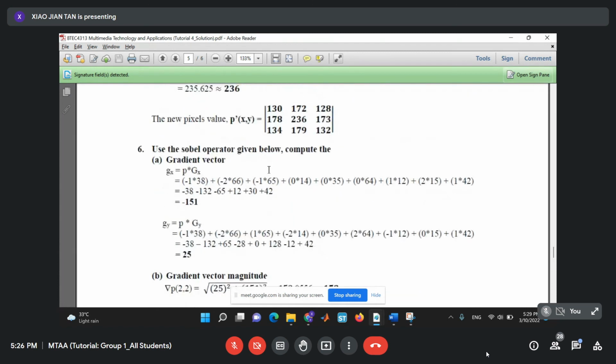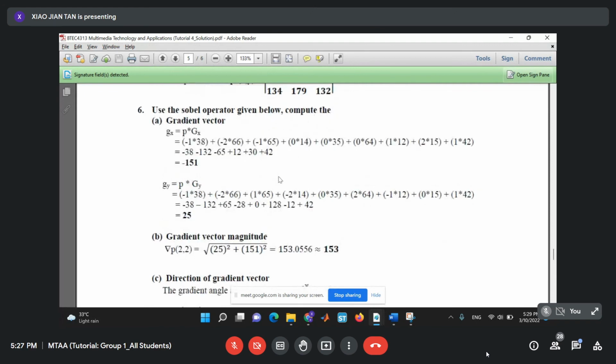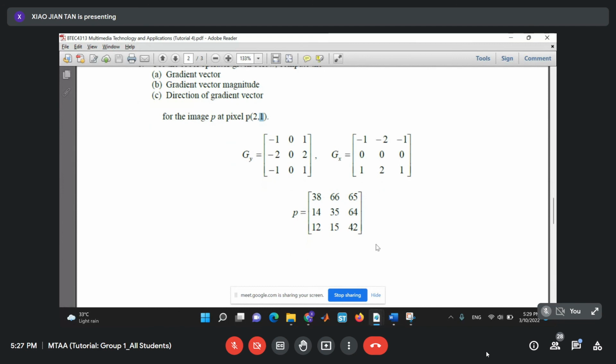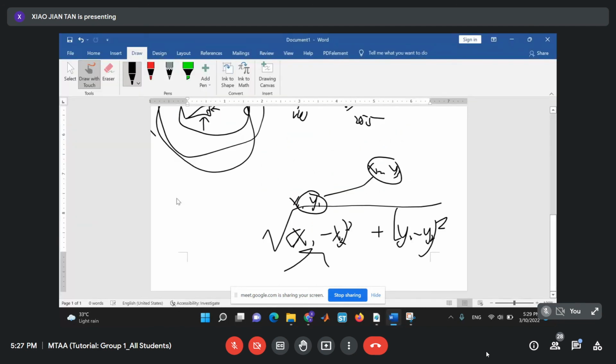But of course, for the Sobel operator, the calculation here is just a very small part, because you can see we only calculate a 3 times 3 pixel block. But in an actual application, your image is like 1,000 times 1,000 or maybe 100 times 100. So if you are going to do the Sobel operator, you have to know that you are performing this as one local operator, and this is just one block in a very small image.